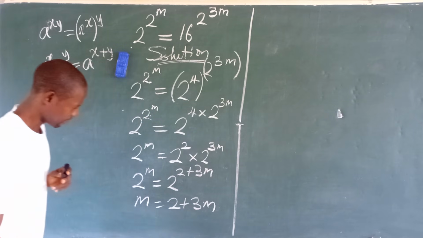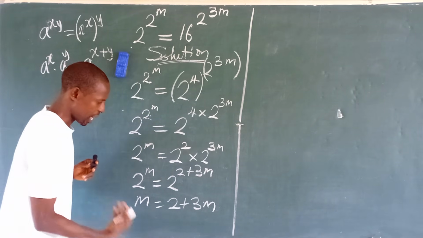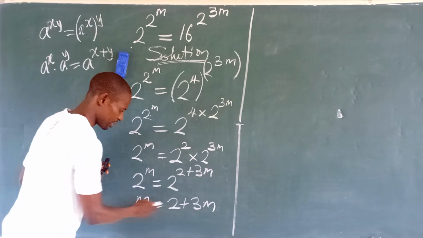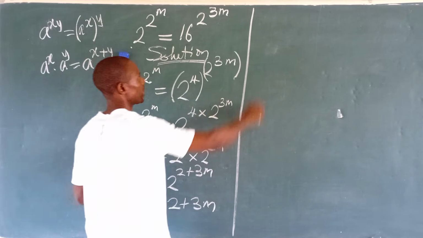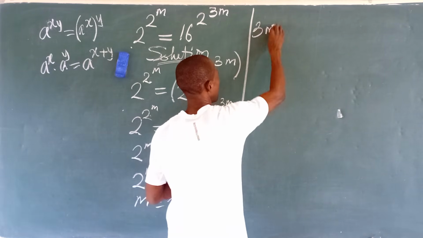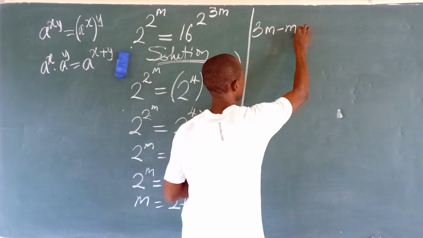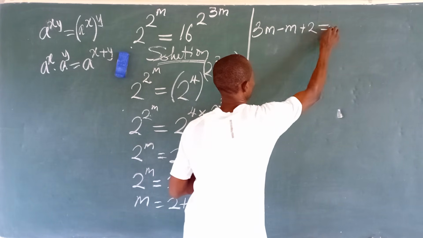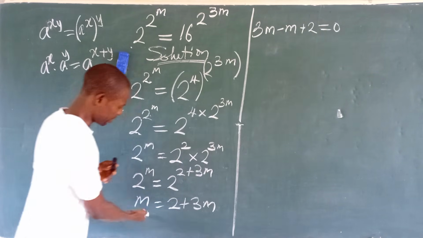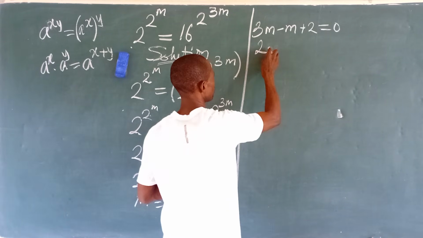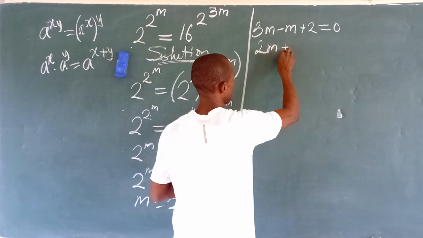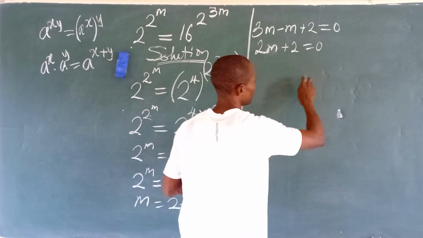So what we do here is just rearrange. We can bring this to this side, then rearrange it. If we do that, we're going to have 3m minus m plus 2 equal to 0.